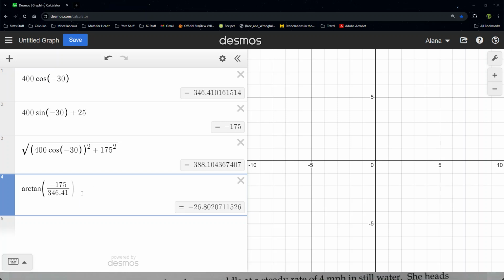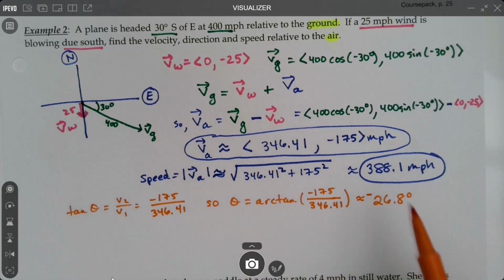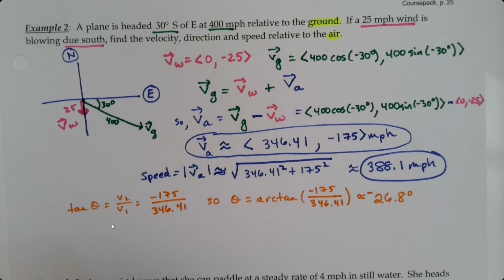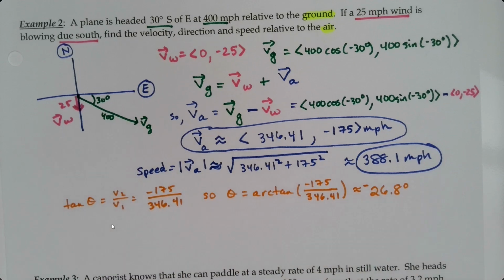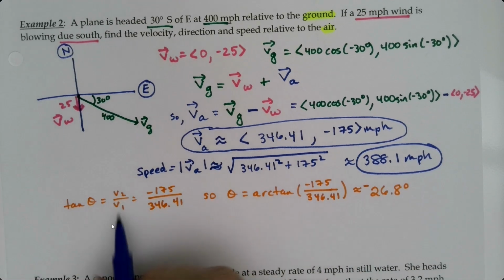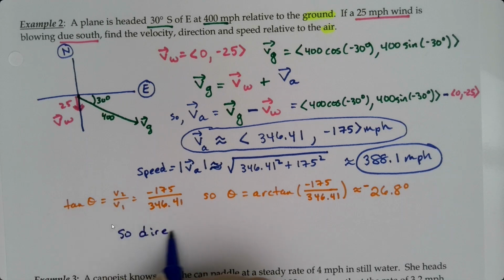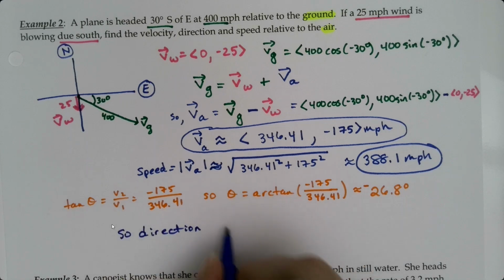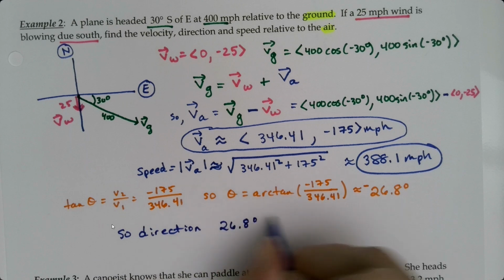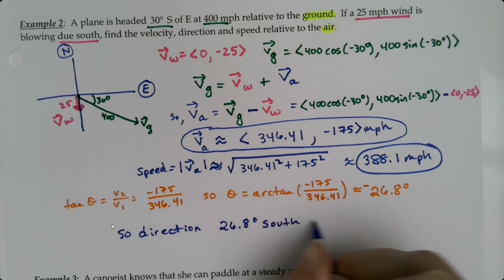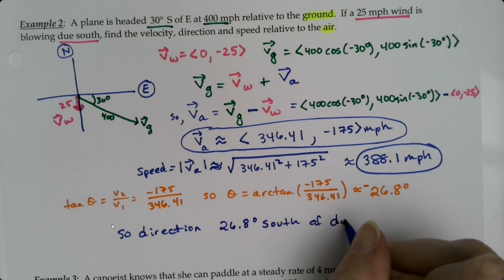So it's negative 26.8 degrees because it has to be in quadrant 4. So it's ending up negative. That means that the direction would be 26.8 degrees south of due east.